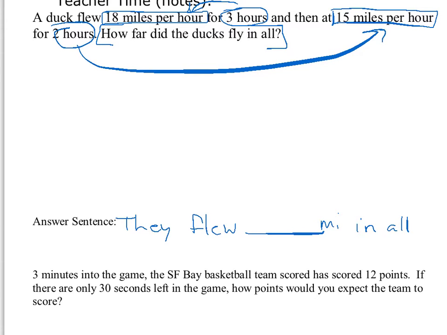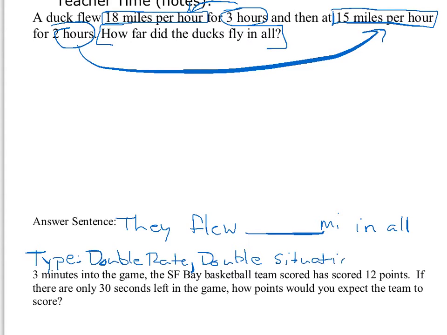So this type of problem is a double rate, double situation problem. In other words, it's a problem where we have a situation linked to two different rates.